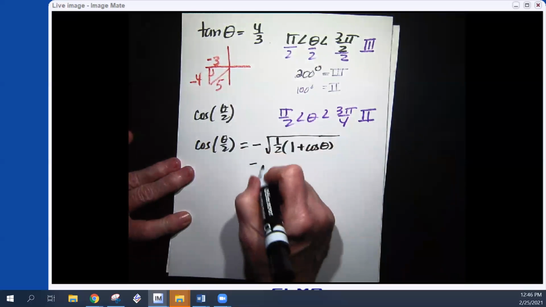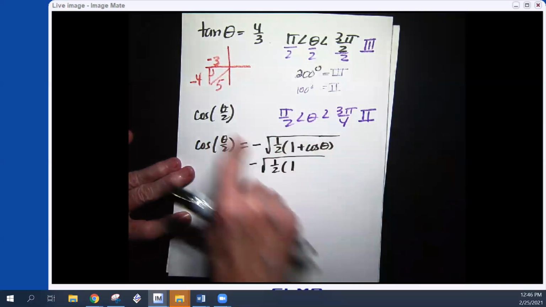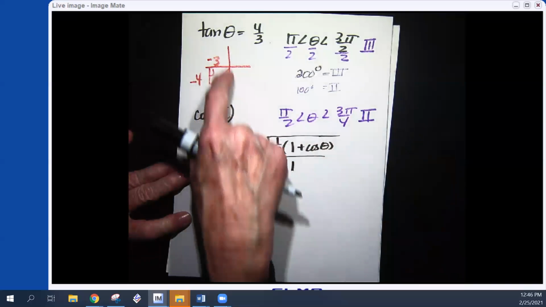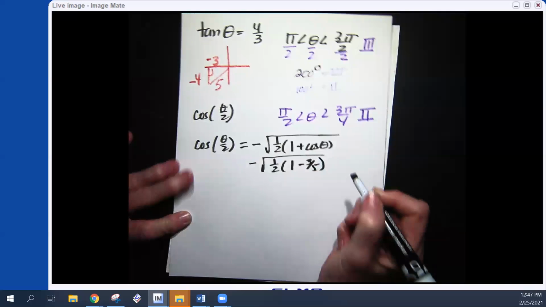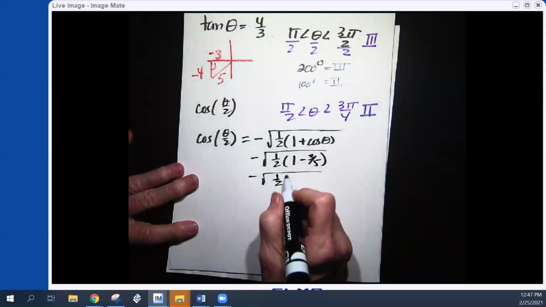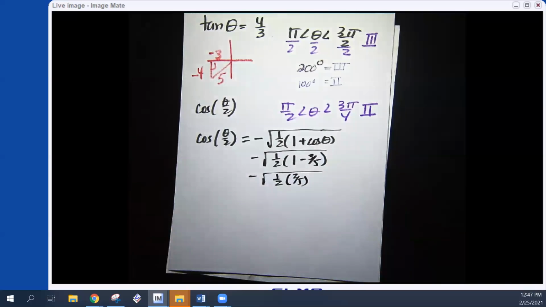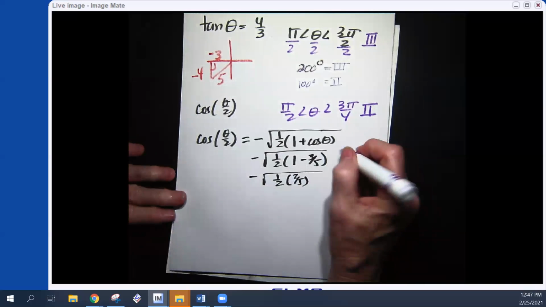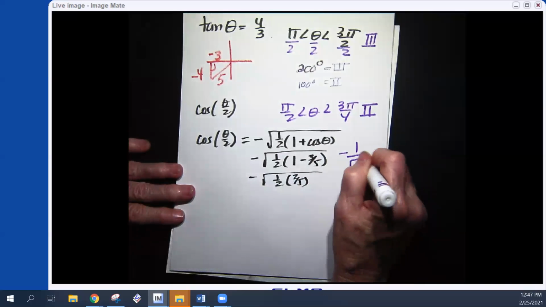So for this problem, it would be 1/2 times 1, and the cosine of this is going to be 3/5 negative, so minus 3/5. So the square root of 1/2 times 2/5. So this is going to be negative square root of 1/5.